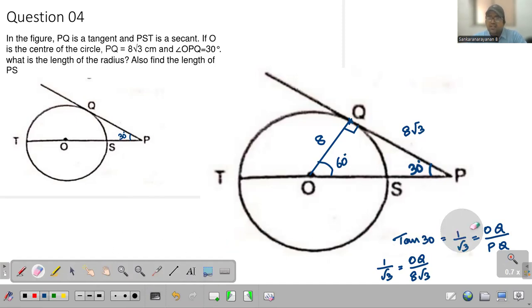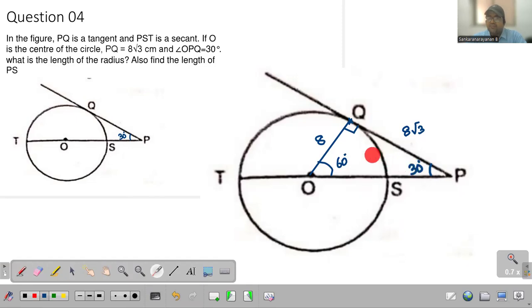But if you remember the result I just told you, whatever comes opposite to 30, that value into root 3 will come opposite to 60. Whatever comes opposite to 30, double of that will come opposite to 90. So I can infer that our OP, I repeat, our OP, has to be double of 8, that is equal to 16.